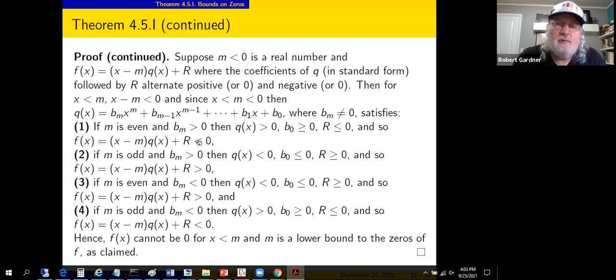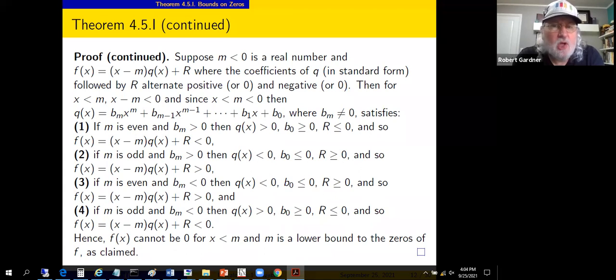F of x is less than 0 or greater than 0, or less than, or greater than 0, or less than 0. Anyhow, they're all strict inequalities, and under none of these conditions is the function f 0 for an x less than m. So wherever it is 0 must involve x values greater than or equal to m. In other words, m, lowercase m, is a lower bound for the zeros of this function.